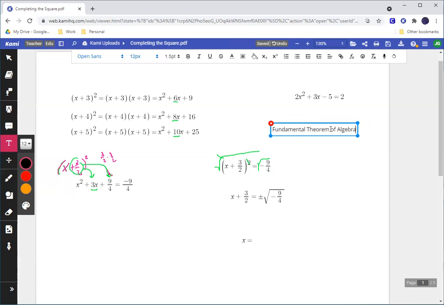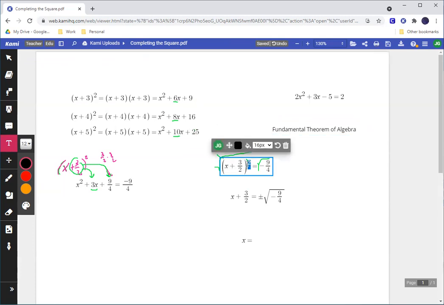What the fundamental theorem of algebra says is that the highest exponent that belongs to an x, or to your independent variable, tells you how many solutions that equation has. So because we're dealing with an exponent of 2, this equation has 2 solutions. That's the fundamental theorem of algebra. If the highest exponent was 3, it would have 3 solutions. If it was 4, it would have 4 solutions.